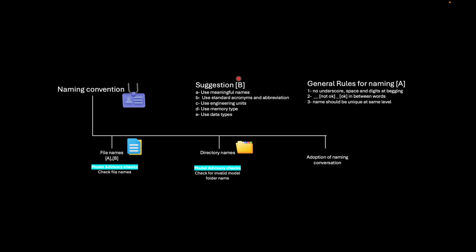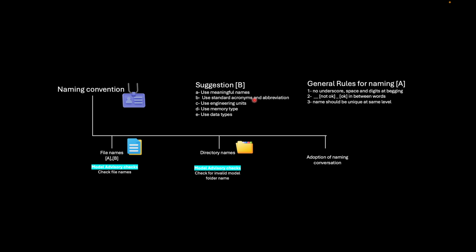Now coming to the suggested rules. The suggested rule is to give a meaningful name to the files. If the file is related to some operation, like you have created a function file that will do an addition operation, you need to give a relevant name to the function file, which will be helpful for the reader to understand how the function file works.